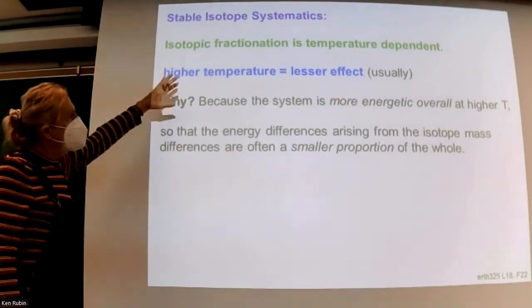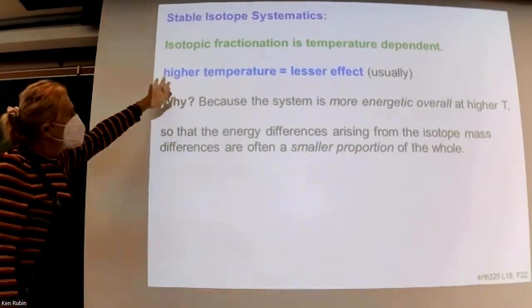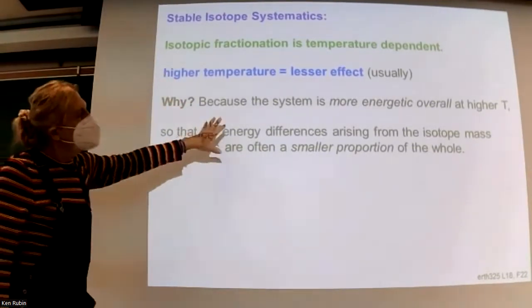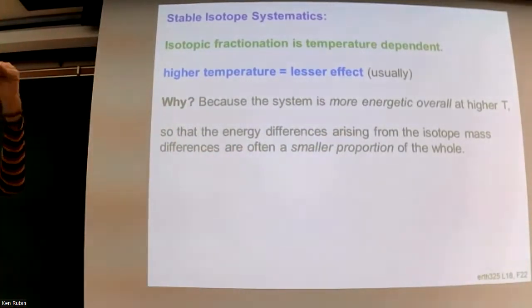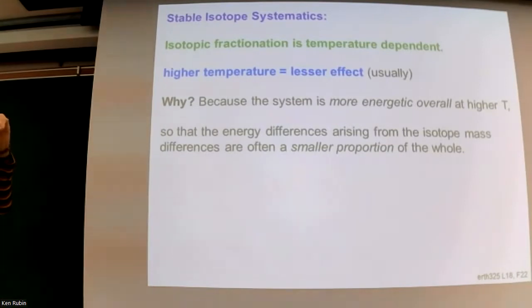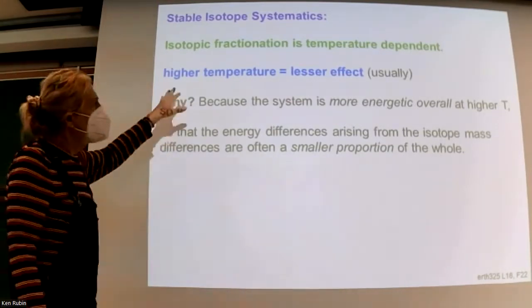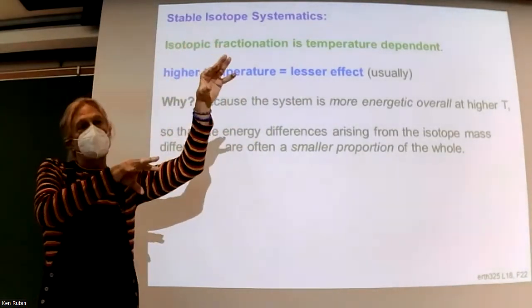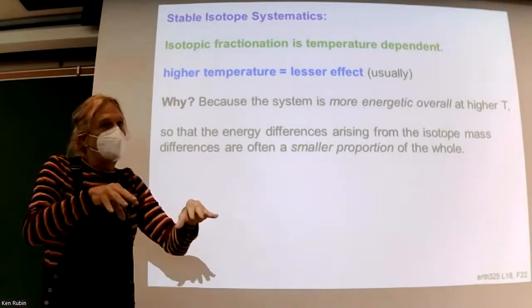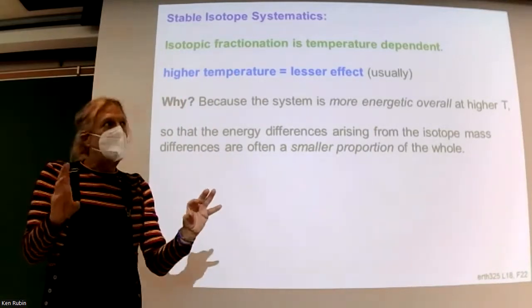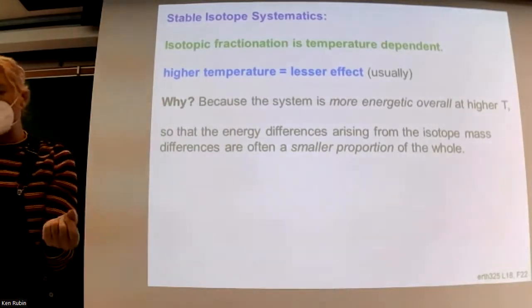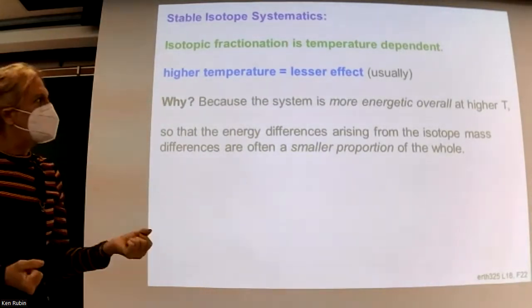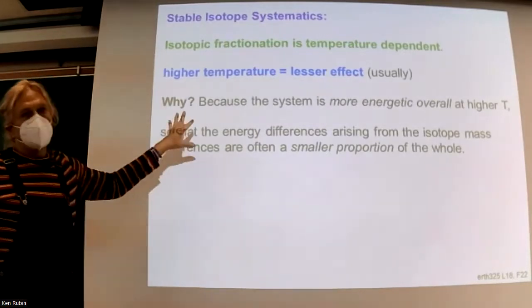And in both of those cases, the temperature makes the system more energetic at overall higher temperature. And at higher temperature, where the whole system is more energetic, we get less fractionation effect between heavy and light isotopes. The colder you make a system, the less net energy it has, and the easier it is to separate the proportions of masses from each other of different isotopes of the same element in a given system.